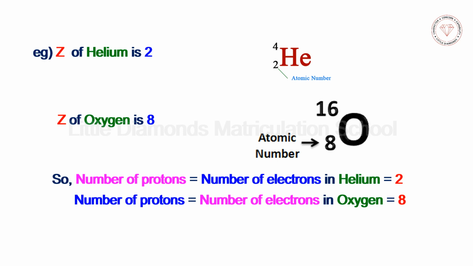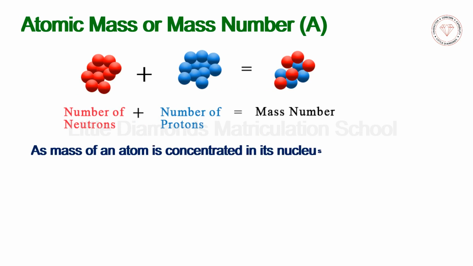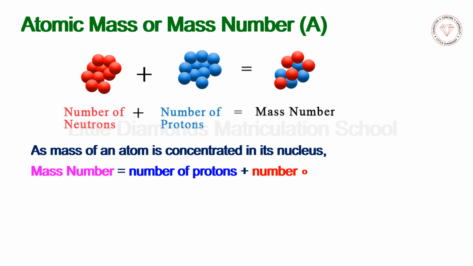Let us next know about atomic mass or mass number. As the mass of an atom is concentrated in its nucleus, mass number or atomic mass is equal to the number of protons plus the number of neutrons.